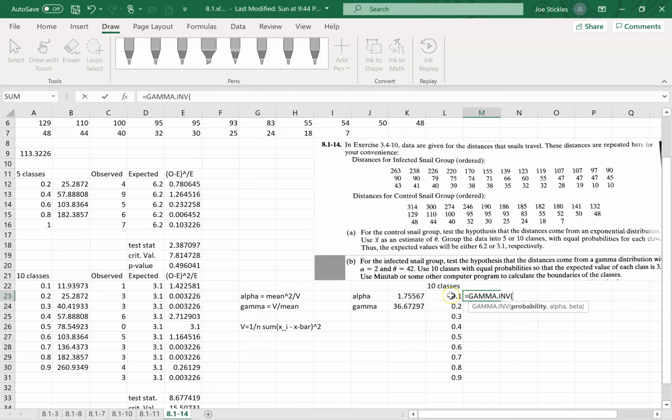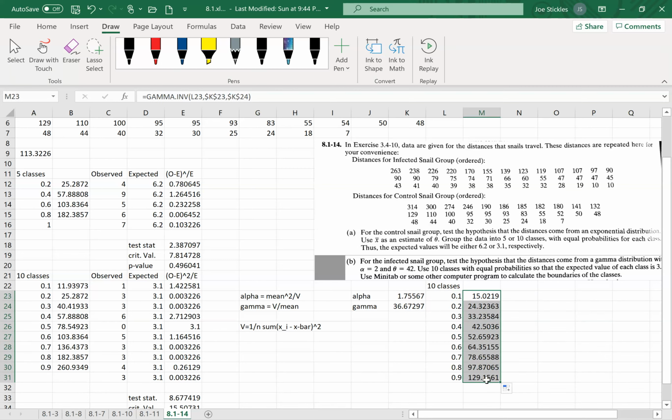The probability is here, the alpha is this one, I'm going to make it absolute. The beta is this one, also make it absolute. And then copy down, just like we did previously. These are our class boundaries, again with the exception of not 0 at the front and not infinity at the bottom.